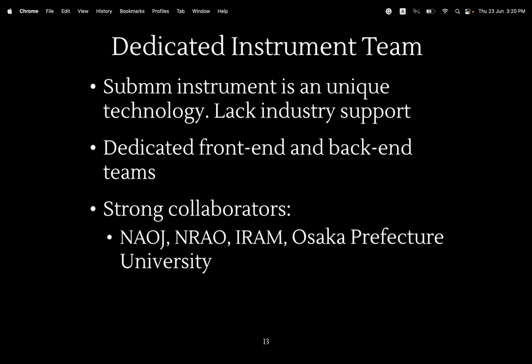If you want to operate an array, you need a dedicated team, because usually a university group can prototype it, but it's difficult for them to dedicate themselves to installation, service, and maintenance. That's the lesson we learned.